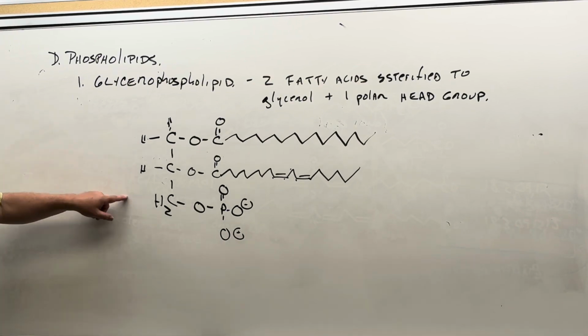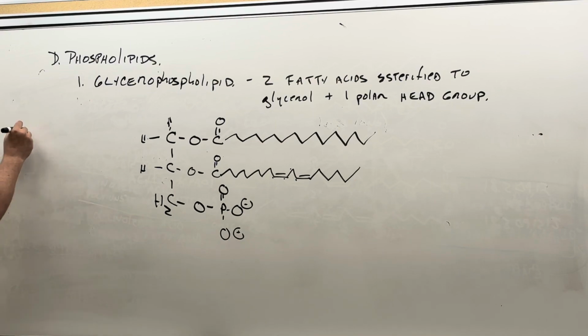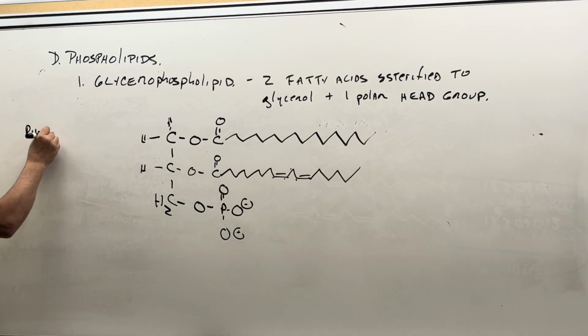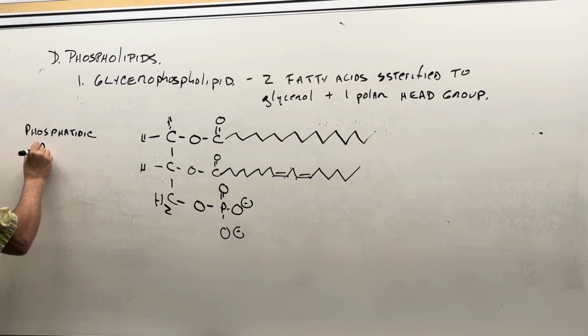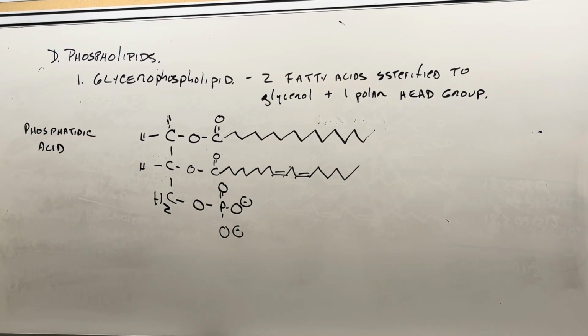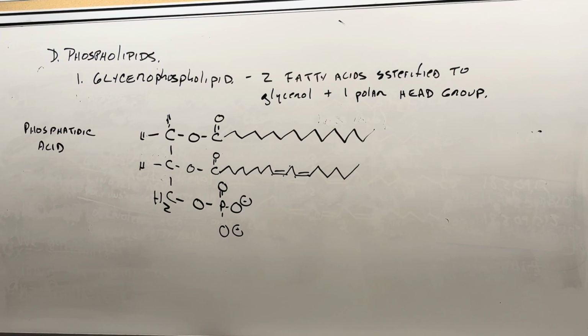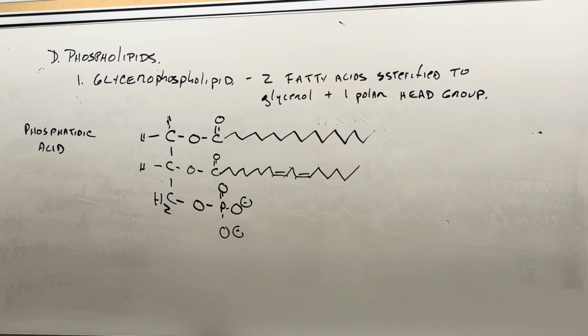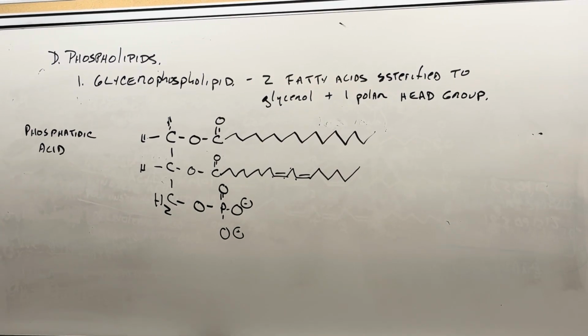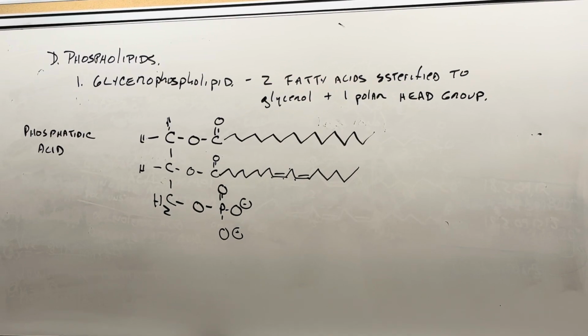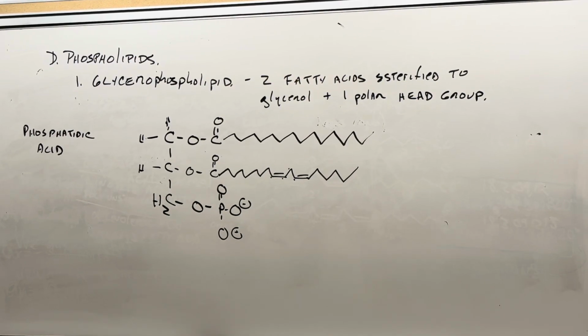Okay, so this molecule here is phosphatidic acid. It's a relatively common glycerophospholipid. Among other roles, it is one of the lipids that makes up the phospholipid bilayer of biological membranes.